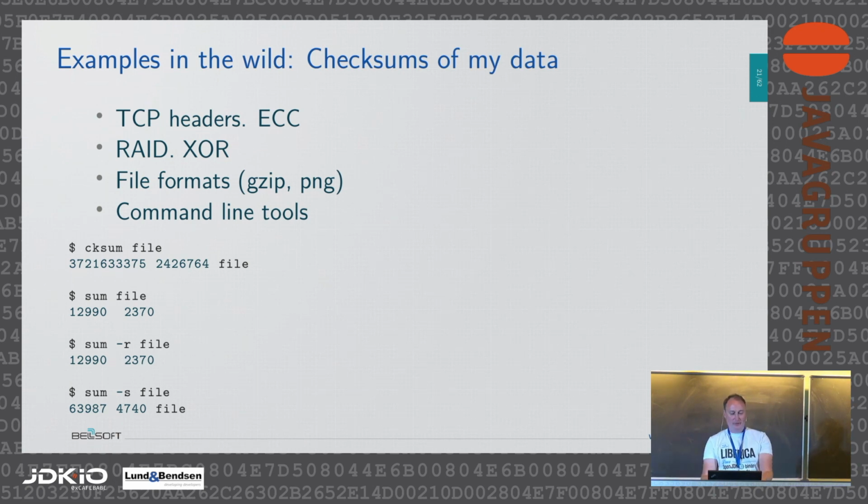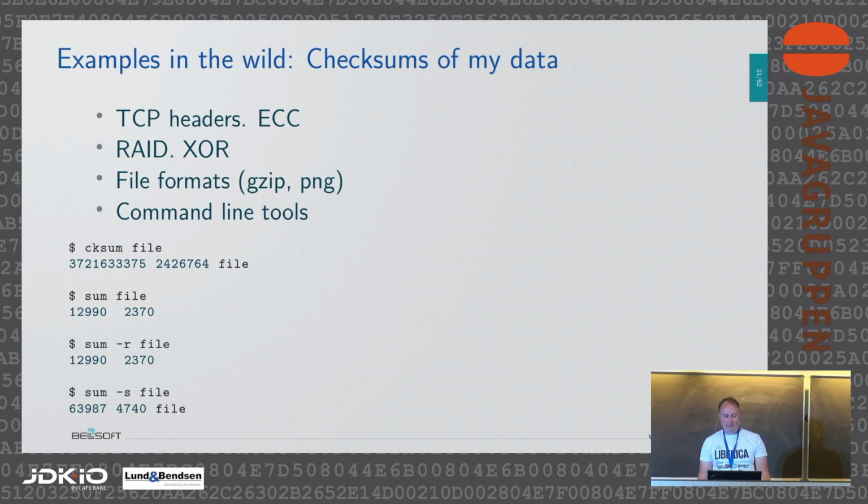Like if I look into my laptop and I'm going to put some picture in my slides, I will probably take a PNG image, and it will have an Adler checksum in it. And then I'm going to send the slides to someone else. I will zip them, and the zip file will contain CRC32 checksums.